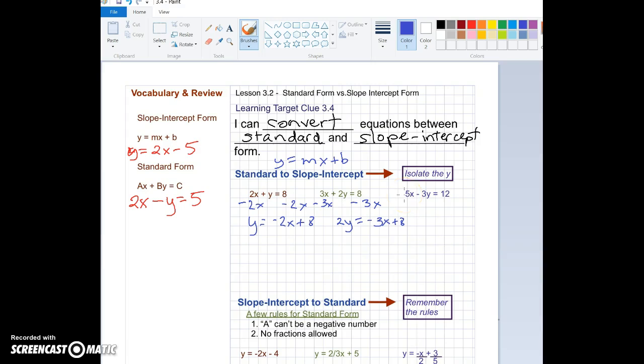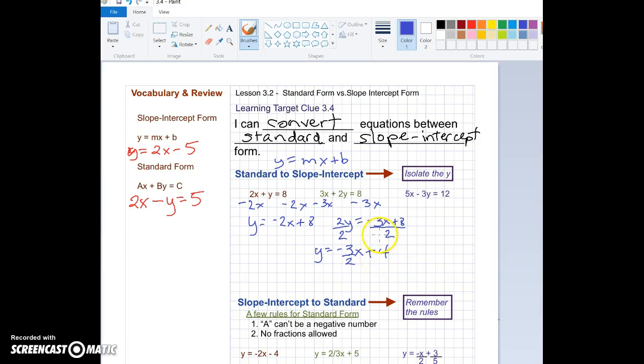Am I done? I am not done, and the reason is because the y has not been isolated yet. It still has a coefficient. So what should I do? I should divide by 2. I'm going to divide both sides by 2, and notice I'm dividing everything on the other side by 2. So I end up with y equals negative 3x divided by 2 is negative 3/2 x, plus 8 divided by 2 is 4.